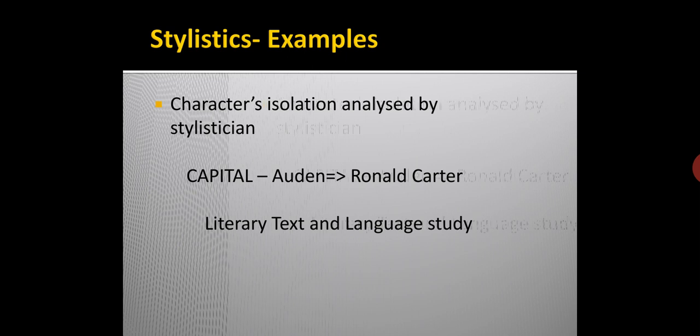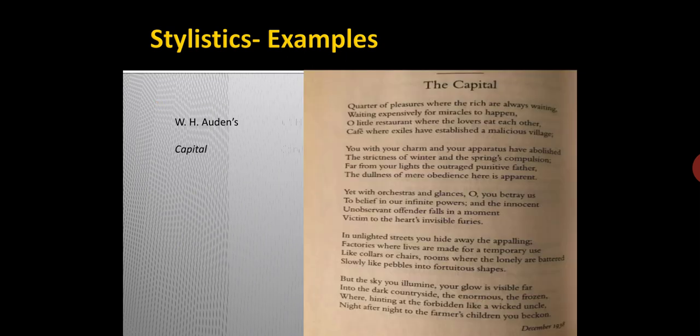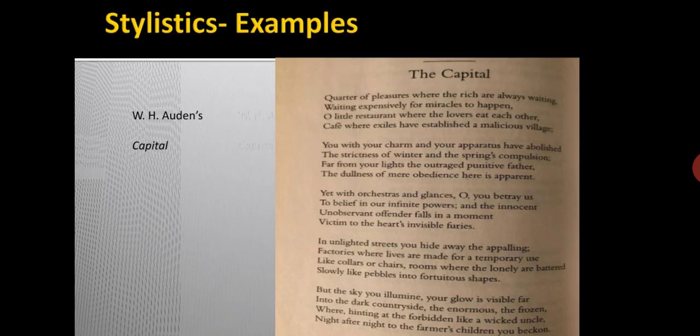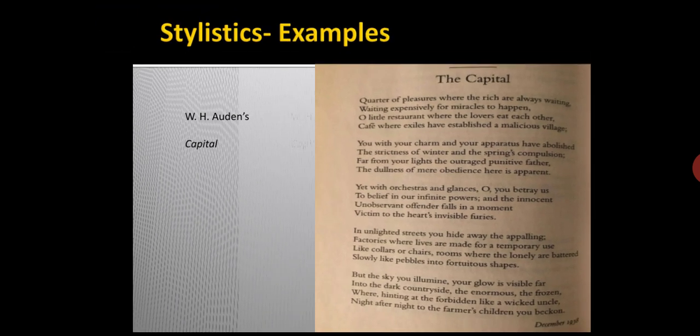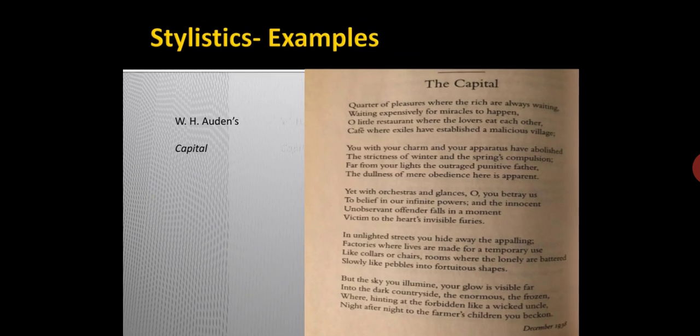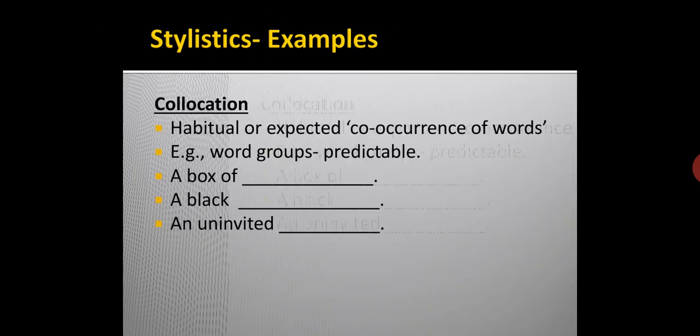Okay, so we saw it from a liberal humanist perspective, and today we'll continue to analyze it from a stylistician perspective. All right. So yesterday I even read the poem to you. I hope you remember it to some extent. I wouldn't go through it again.